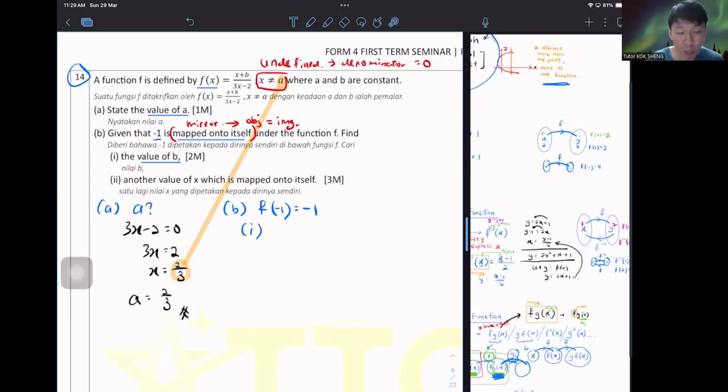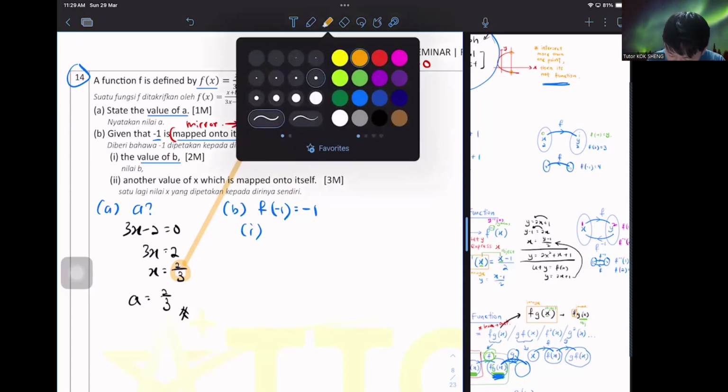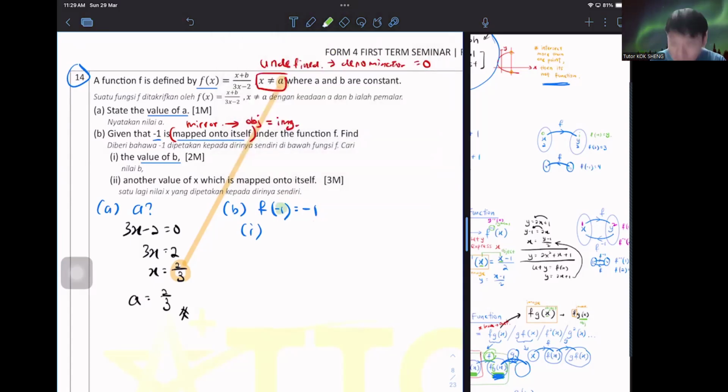Where is B? Oh, B on top here. So to find the B value, the only info you have is just on the -1. So no other info already. So -1 is object, masuk. Yeah.